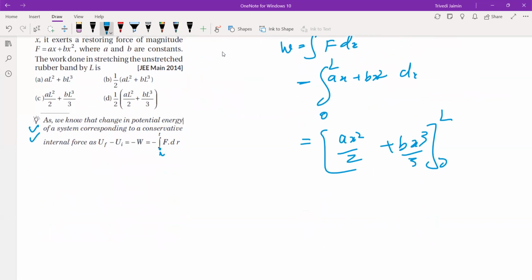A L square by 2 plus b L cube by 3 minus 0. Finished. 49 seconds. You are taking so long. See, I finished in 49 seconds.